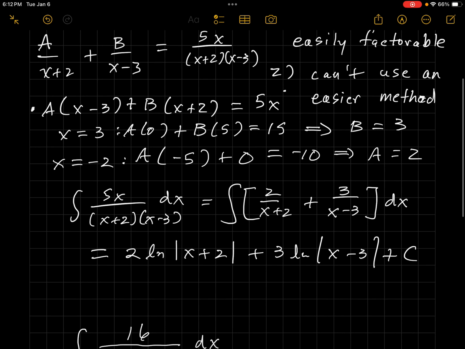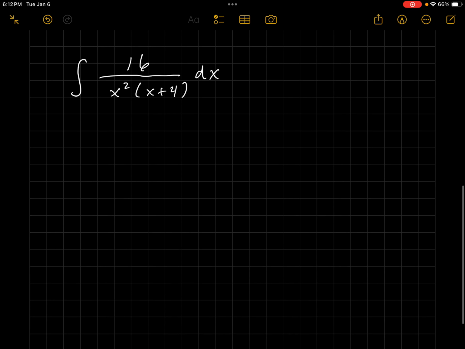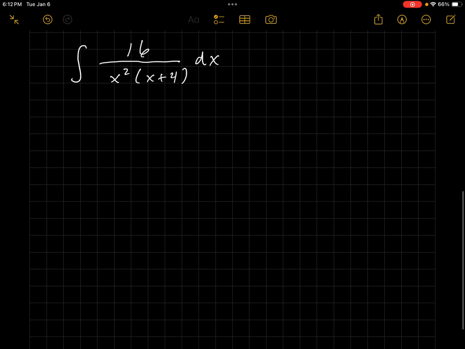Let's do one example with repeated linear factors. Again, you can go back to the first video and see how to do the algebra of it, but we'll assume that you have watched that and understand it. We're going to take our integrand and use partial fraction decomposition.